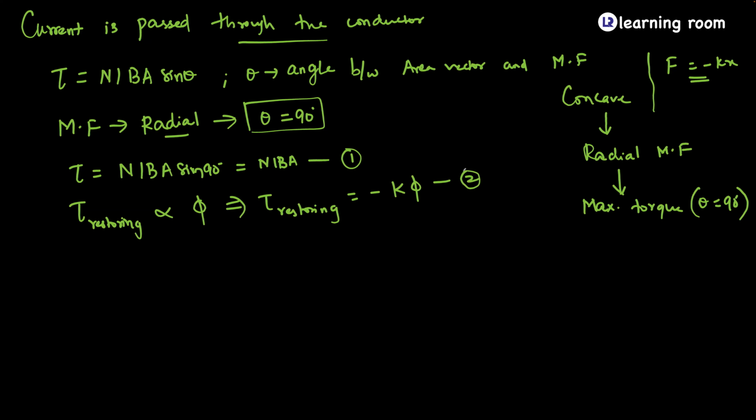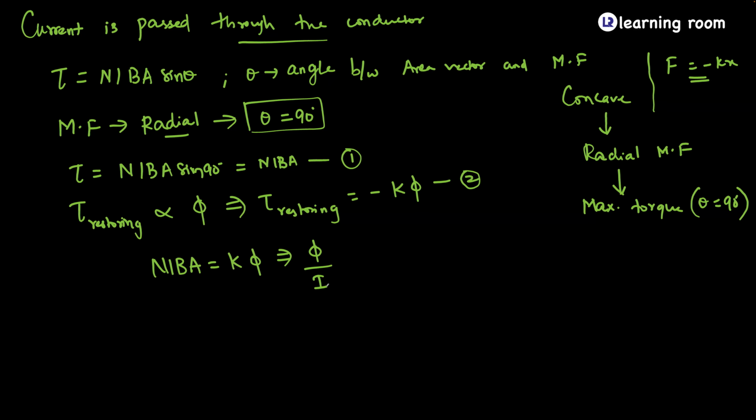Second point is, whatever torque is produced in the pointer due to the passage of current should be exactly equal to the restoring torque that is acting. That is, NIBA should be equal to K times phi. Make sense? Which implies the amount of deflection produced by current is going to have a value.